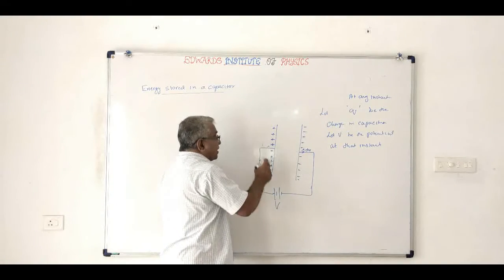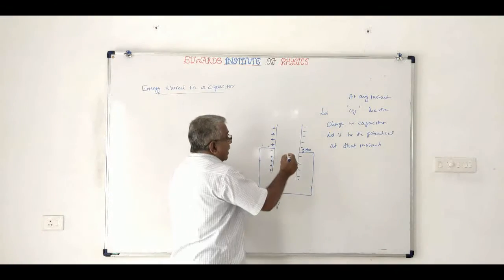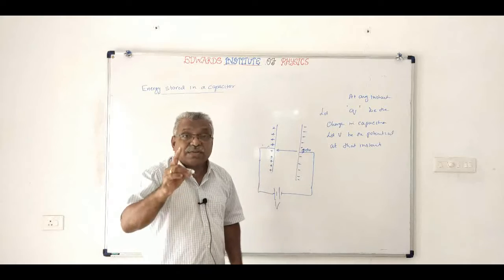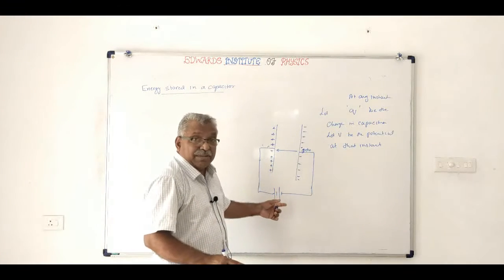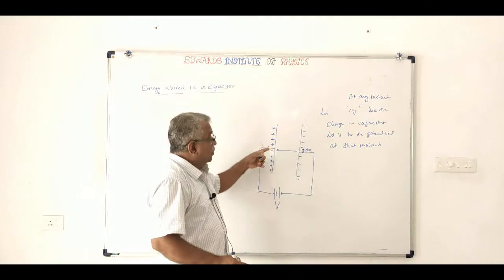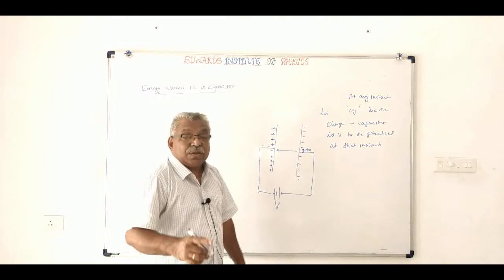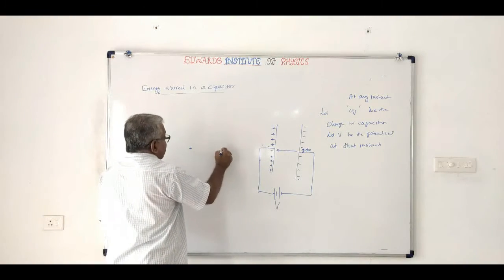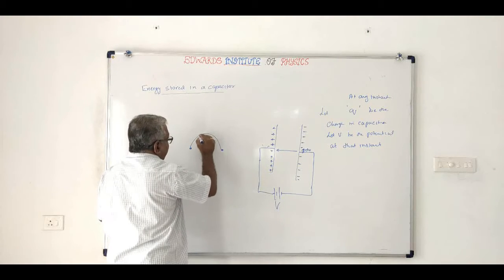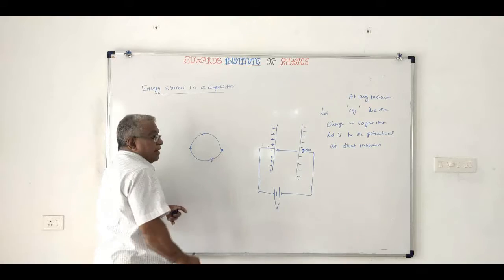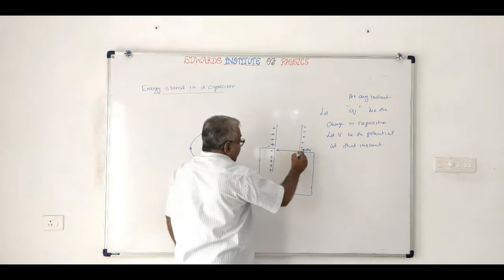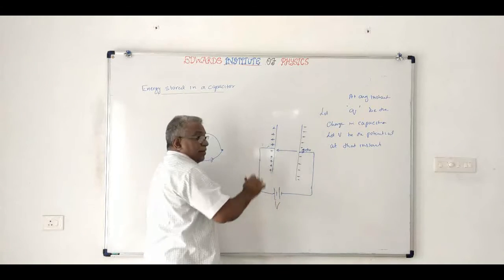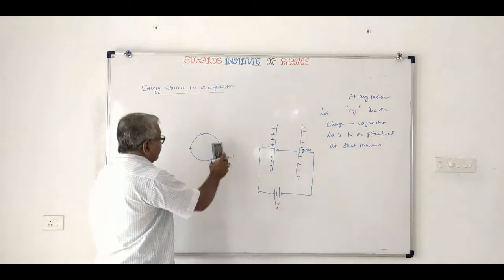So actually it is equivalent to transferring the charge from here to here, because the work done by the battery is against the electrostatic force between the plates. Electrostatic force is a conservative force. That means if you bring one charge from one point to another this way or that way, the work done will be the same. So the work done will be the same.